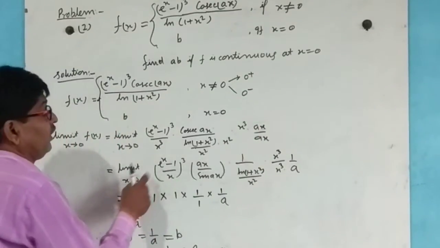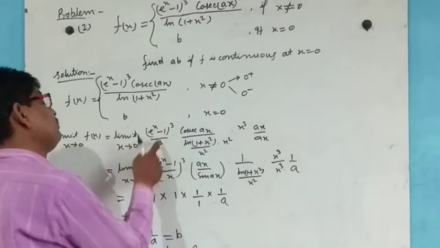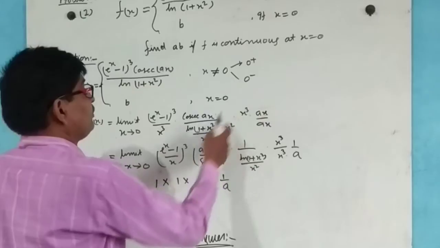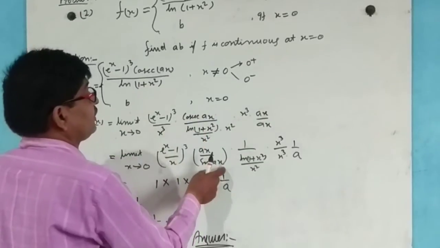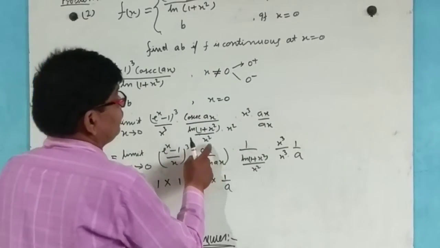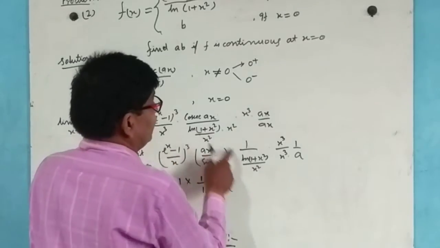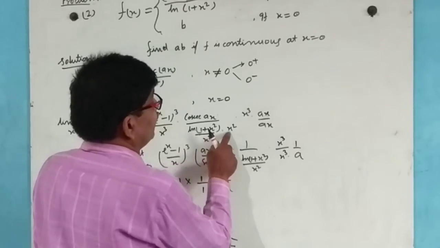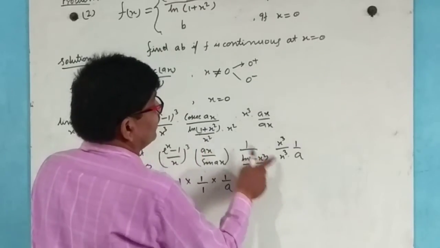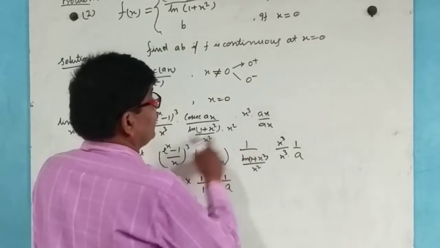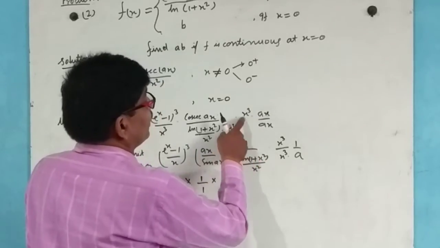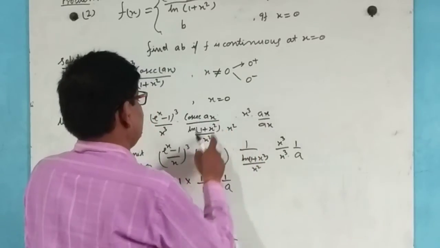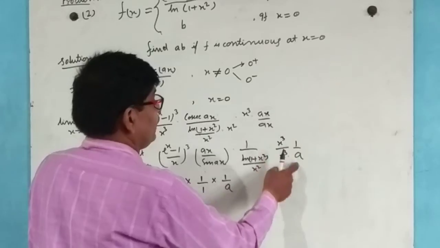Now arranging this, we get ((e^x − 1)/x)³, and ax divided by sin(ax), and ln(1 + x²) divided by x². Here x² and x³, x³ cancels, and this comes here, 1 by a.